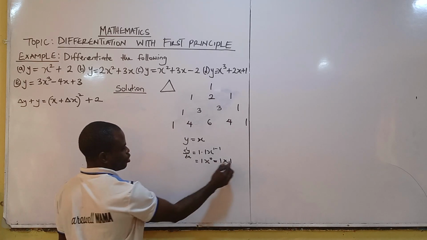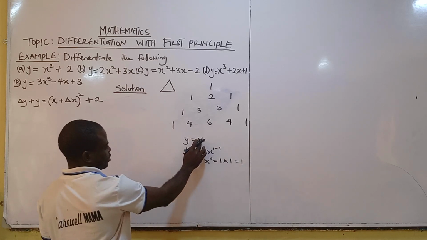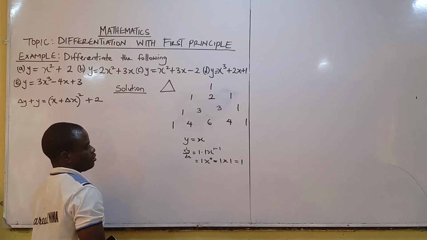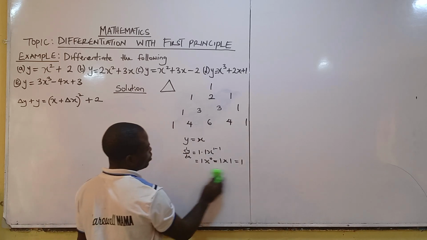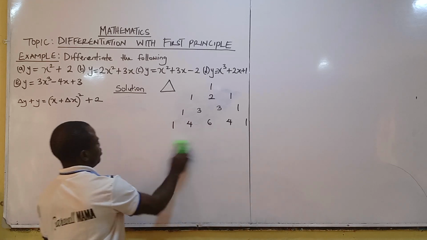Anything raised to power 0 is 1. So when we are differentiating x, you just have 1. Is that okay? When you are differentiating a constant, you have 0.